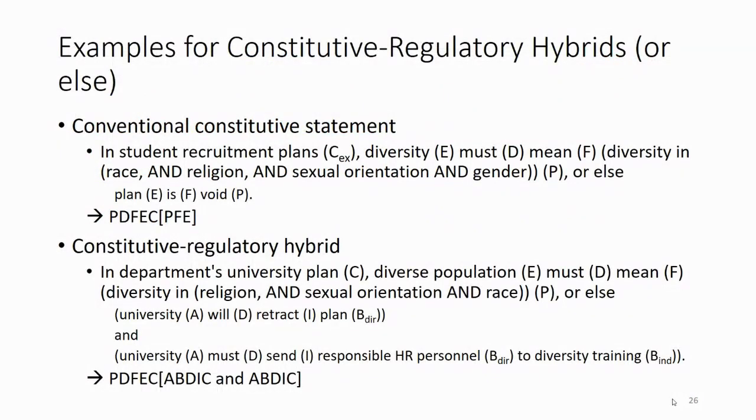Well, for this purpose, we conceive of those constitutive regulatory hybrids, if you like. And I'll just highlight the principal motivation of those. It's basically the combination of constitutive statements and regulatory statements as found in practice.